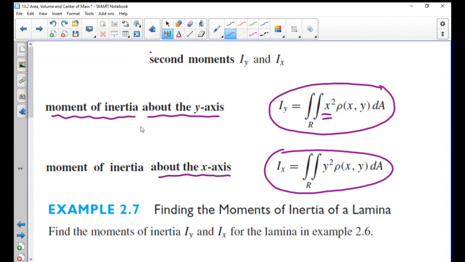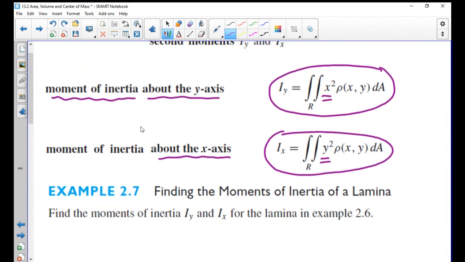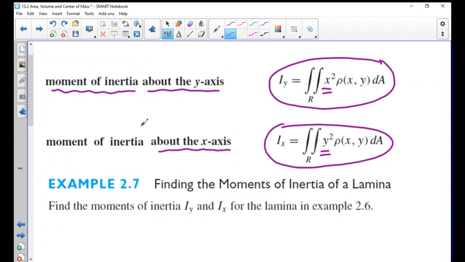And about the x-axis, you use y squared multiplied by the density, like this. So if we consider the same example as before, let me calculate these two moments. So I want Iy.